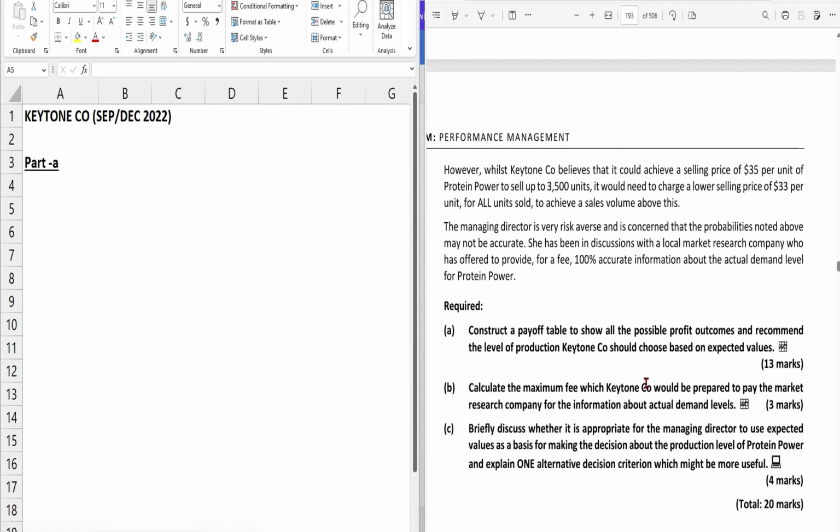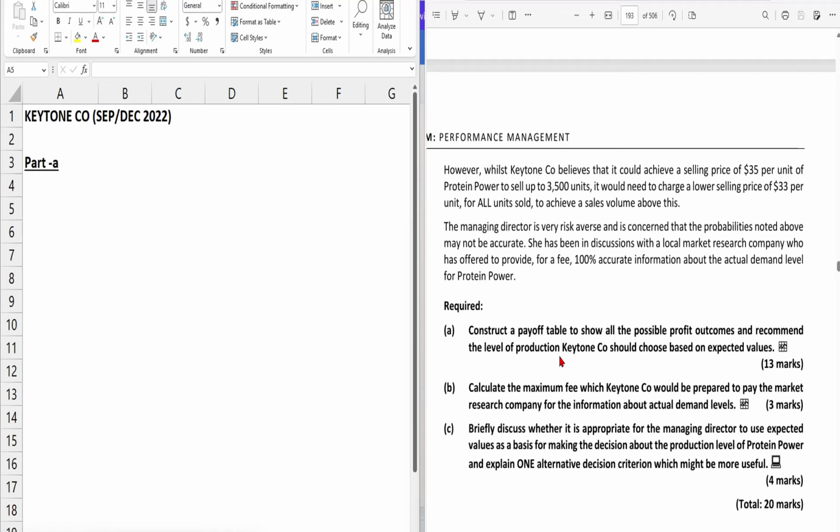Because there might be 1 or 2 things the examiner wants us to answer. Like in this question, one is to construct the payoff table and the other is the recommendation part. If you don't recommend, you might lose a few marks assigned to that part of the requirement. So it's very important to reread what the question is asking.